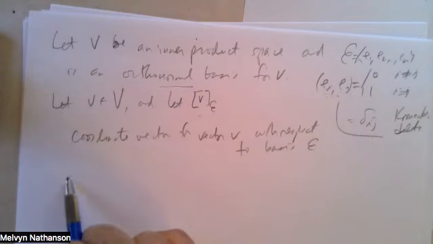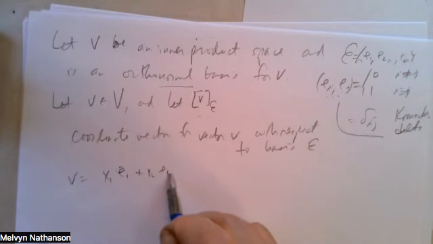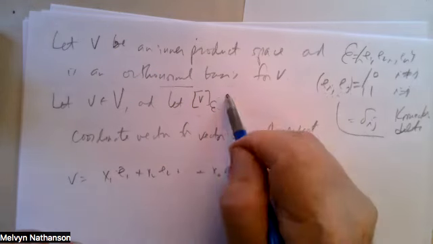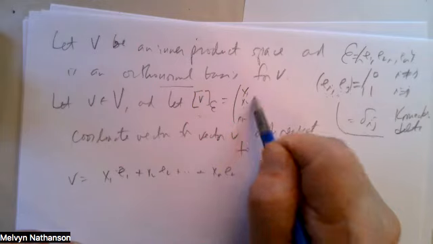That means that if you write v as some linear combination, then the coordinate vector for v with respect to E is the column vector x1, x2, up to xn.